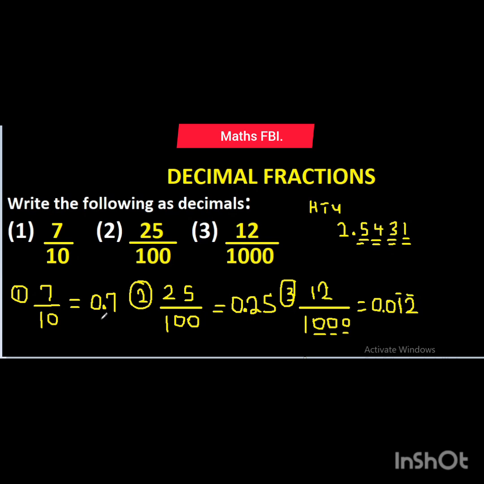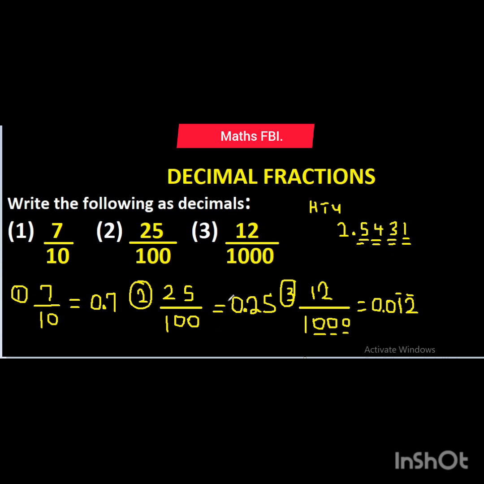A recap again: 7 over 10. 10 in 7 is 0, and we've got only 1 digit here, which is tenths. 7 over tenths. Remember, the place value, the first digit that comes after the decimal point is the tenths. This is 7/10. Now question number 2, we've got 25 over 100. 100 in 25 is 0.